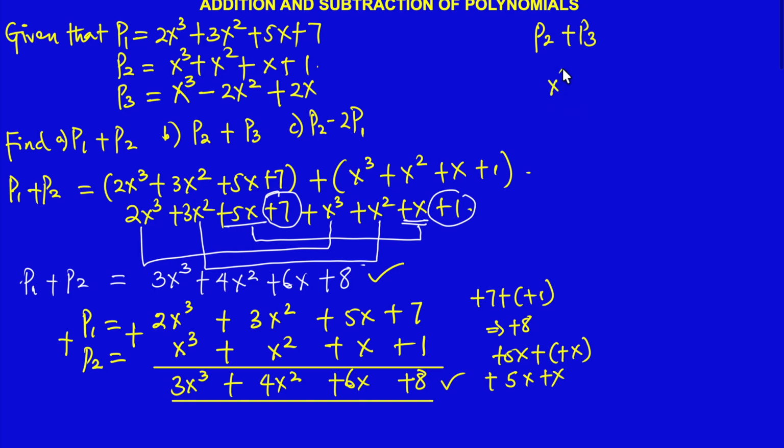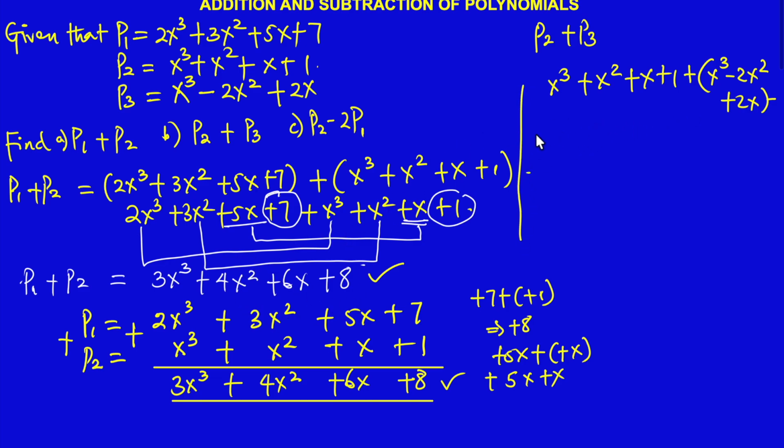P2 is x cubed plus x squared plus x plus 1. I am adding that to P3, which is x cubed minus 2x squared plus 2x, right? So let's try to open the parentheses. I'm trying to use the first approach.